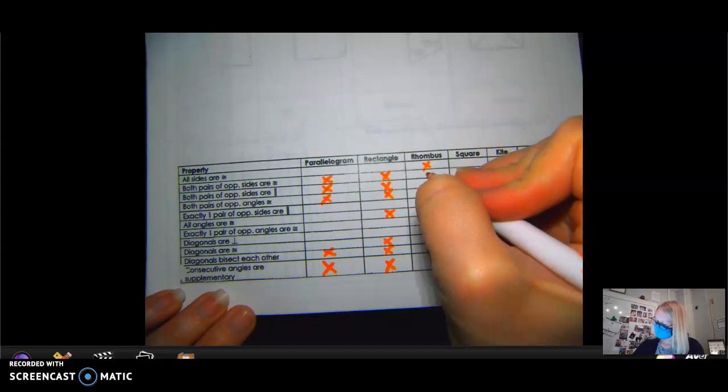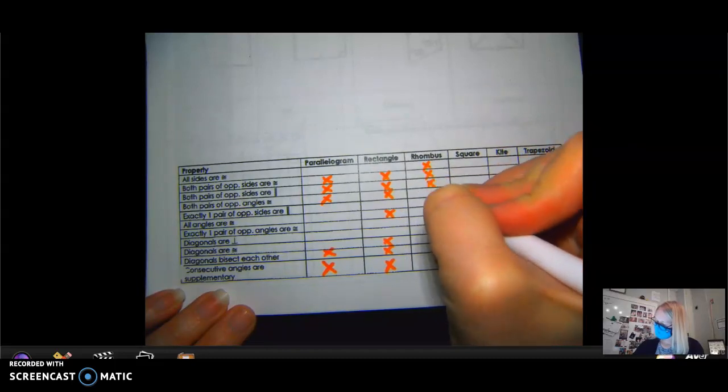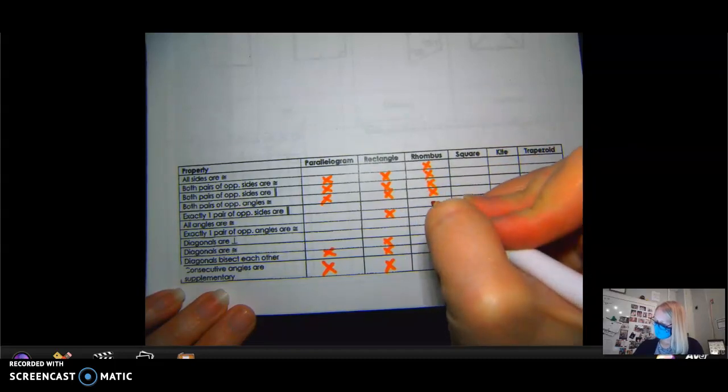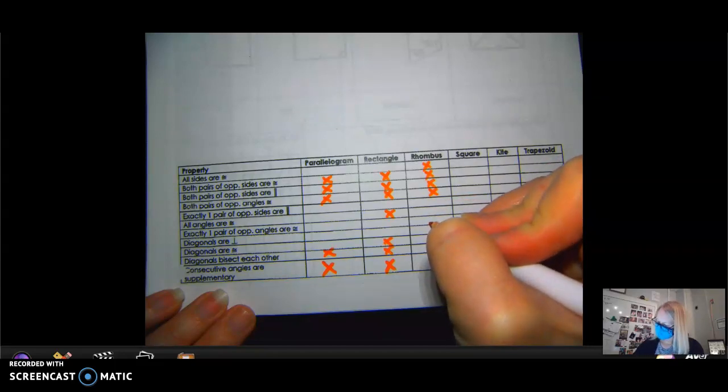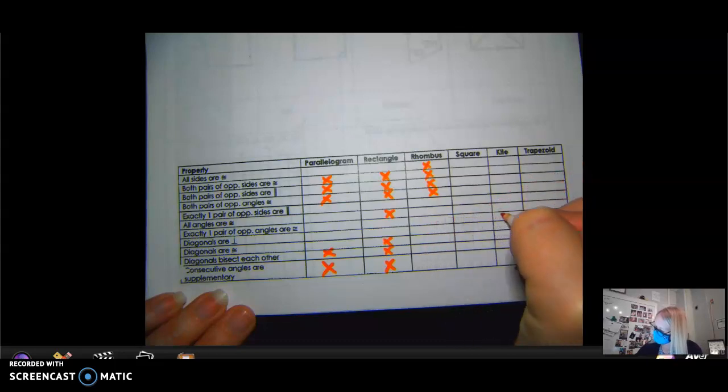Next one. Next. Next. Exactly one pair of opposite sides are parallel? Nope. All angles are congruent? Nope. Exactly one pair of opposite angles are congruent? Which is the only one that has that? Right, so go ahead and mark that.